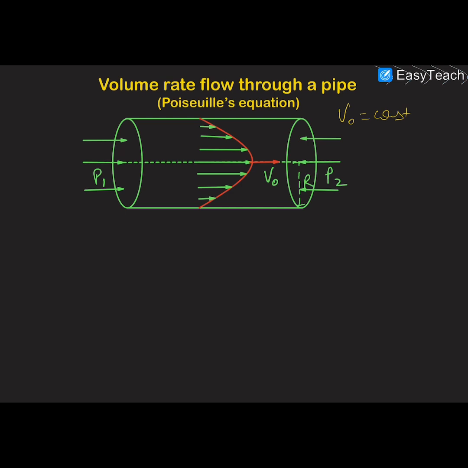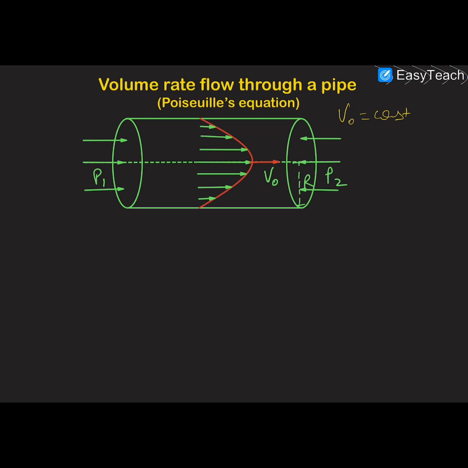Okay, so all the molecules at different layers will obviously have different velocities. Now the liquid which is pushing this liquid inside the cylinder from behind is applying a pressure of P1, and the liquid which is ahead of this cylinder is applying a pressure of P2. So we have to find out the volume rate flow of the pipe, and to find out the volume rate flow we have to find out the velocity of each layer.